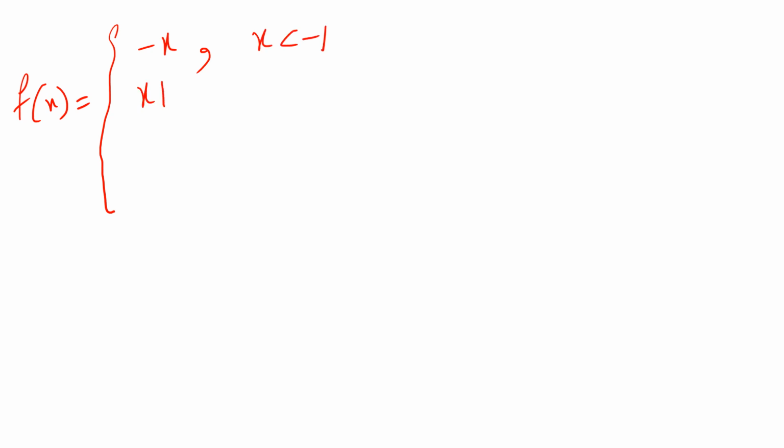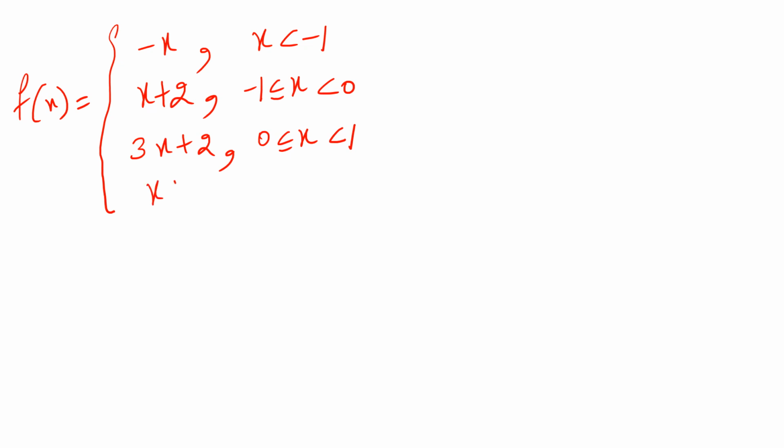It is equal to x plus 2 when x is greater than or equal to minus 1 but less than 0. It is 3x plus 2 when x is greater than or equal to 0 but less than 1. And finally, it is x plus 4 when x is greater than or equal to 1.